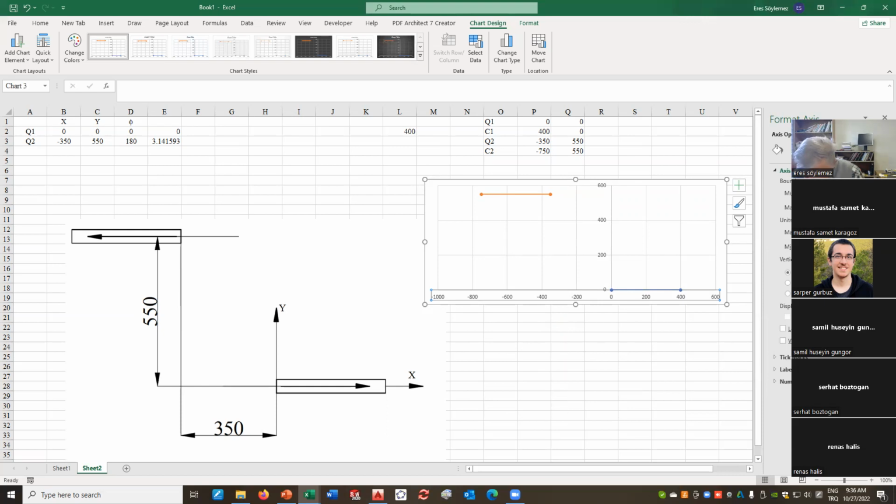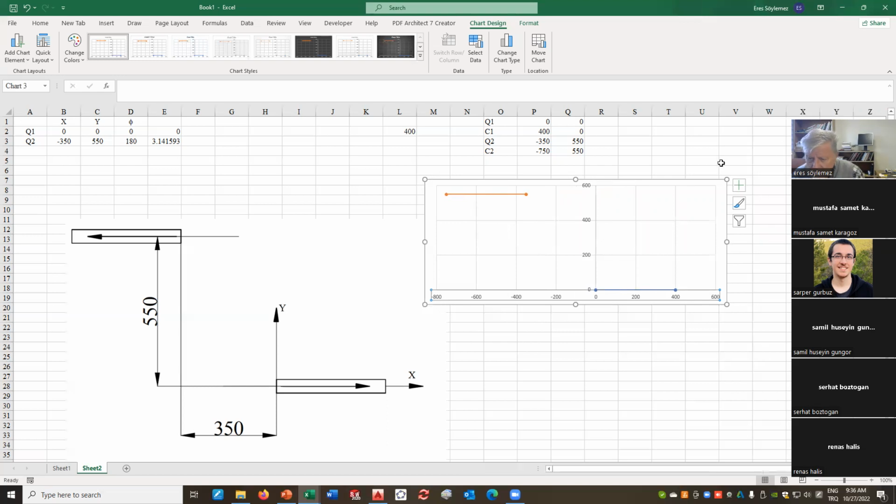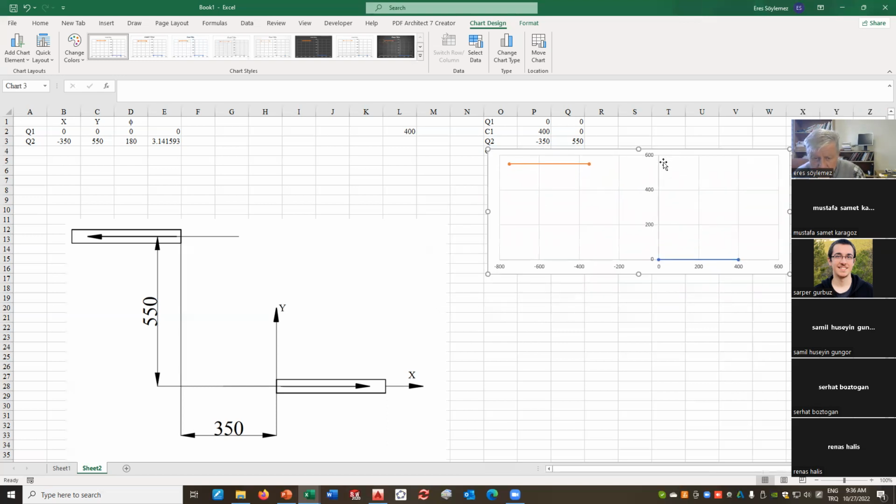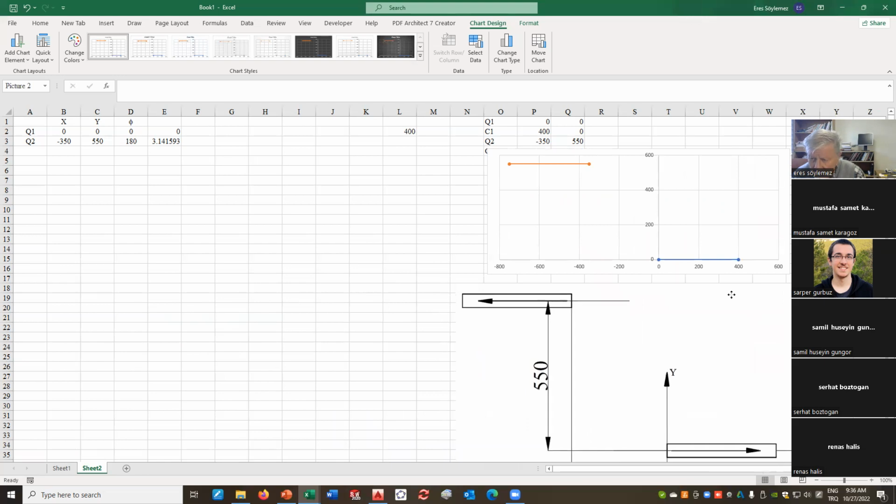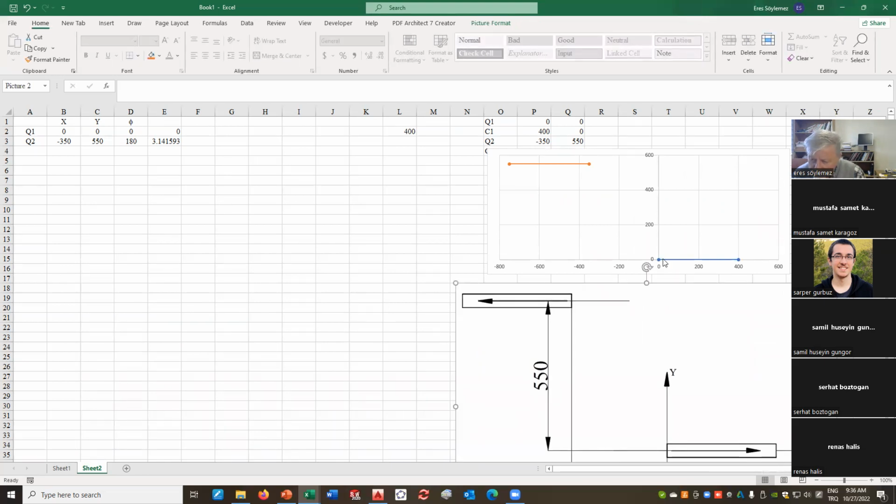Minus 800 will be better. Yes, I think that's good enough. Is that okay? Let me repeat. You have to label the points A, B, etc. But I'm not going to do that. It will take too much time.